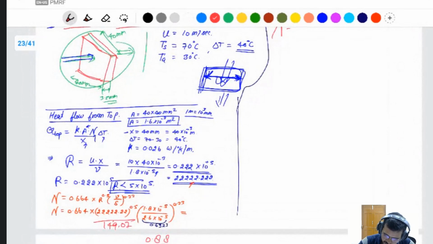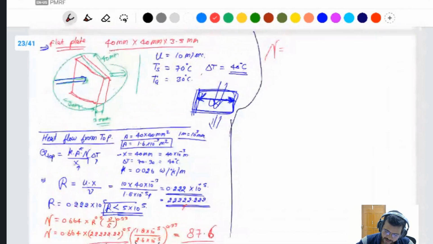Then calculate all of this for n, and I think this will be approximately 87 point something. Overall, yes, it is 87.6. Okay, we have calculated n for this one.